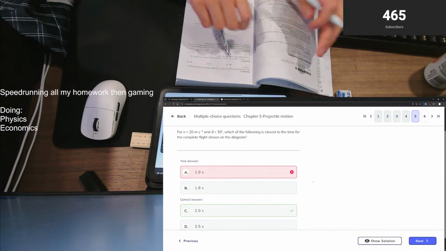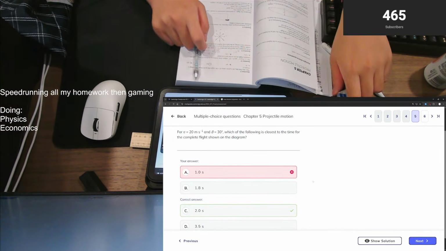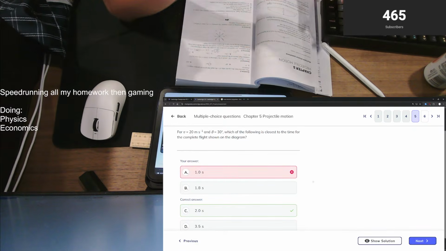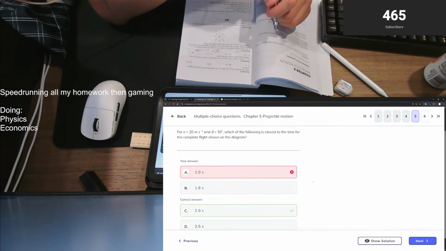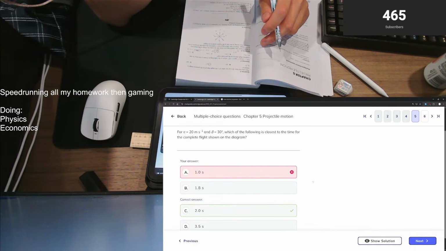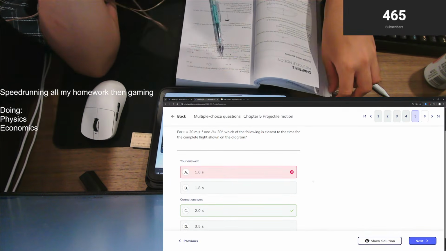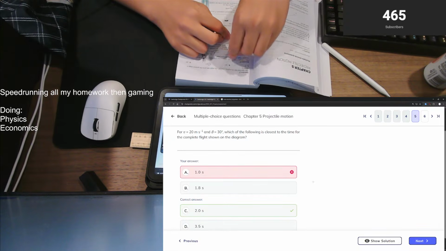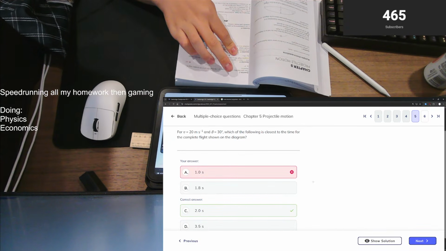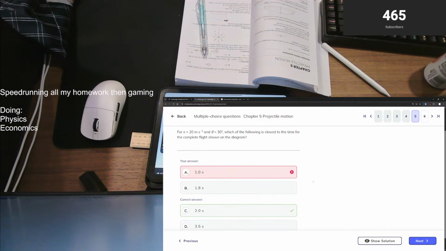Okay. Yeah. What? How do I know the final velocity? How do I know the final velocity? No, it's not.